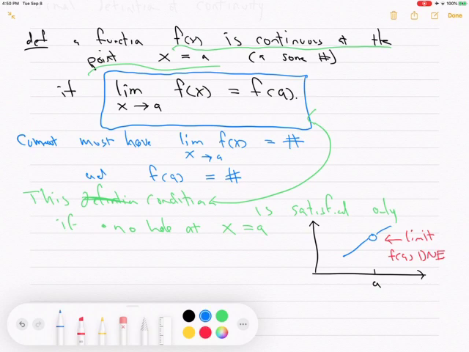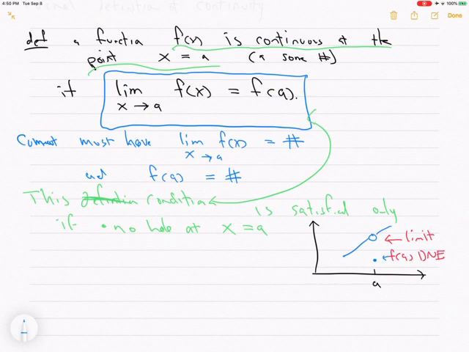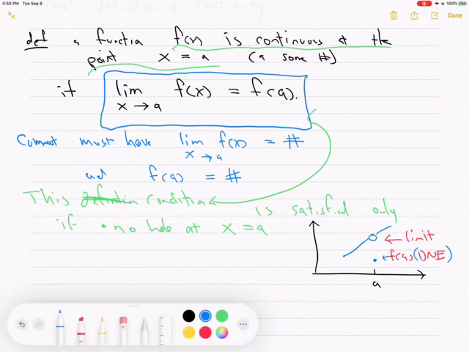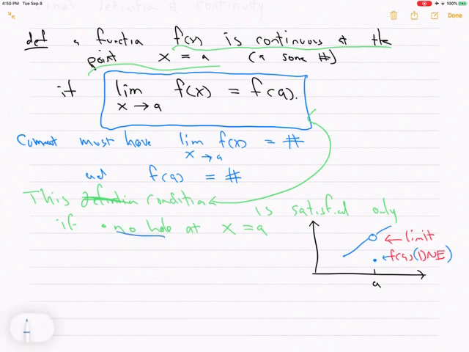Or maybe you have f of a is like over here. So either f of a doesn't exist, and then you have this hole, or you have this weird point that's been isolated. So the point is that if the definition is satisfied, then this little picture I just drew is impossible. Okay, so we avoid this picture. So there will be no hole, so that's a good thing.